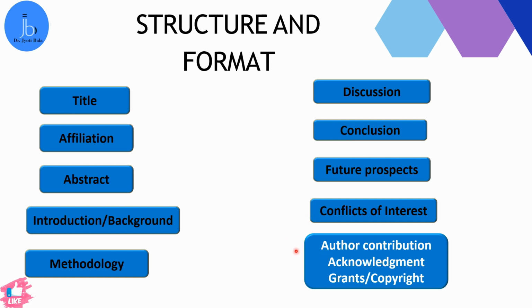Additionally, depending on journal to journal, we have to provide these optional informations also. So these could vary, because depending on journals, they will ask you to provide these things. And some journals will also ask, if you have utilized figures of some different group, then they will ask you to provide copyright also.